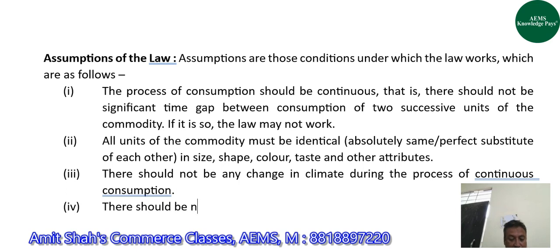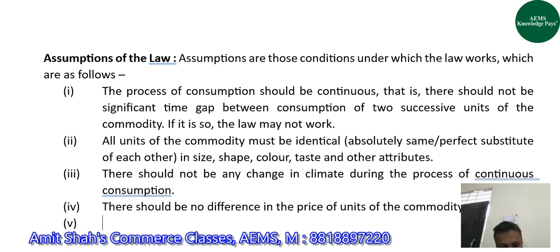There should be no difference in the price of units of the commodity. Because if the successive units are cheaper than the earlier units, then obviously the cheaper one will give me more satisfaction than the earlier one.